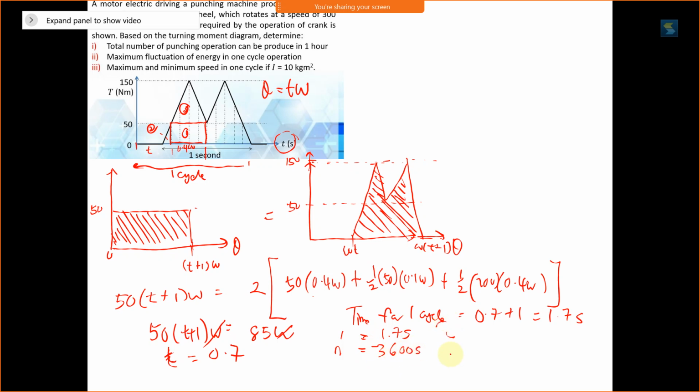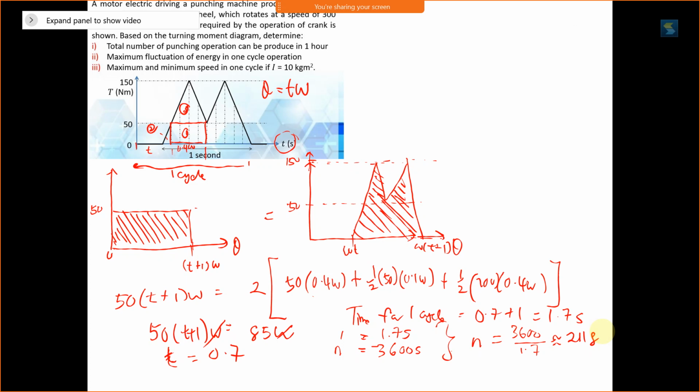So from here, n equals 3600 divided by 1.7 seconds. 3600 divided by 1.7 is 2117.6, so somewhere around 2118, roughly 2118. Alright, right? So that is our n, number 1. Any questions?